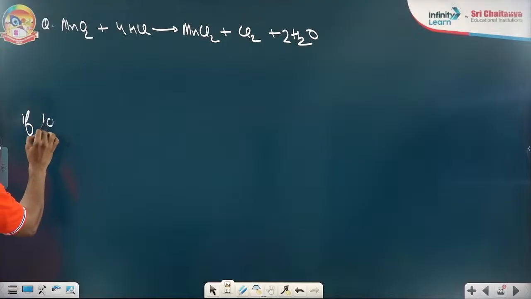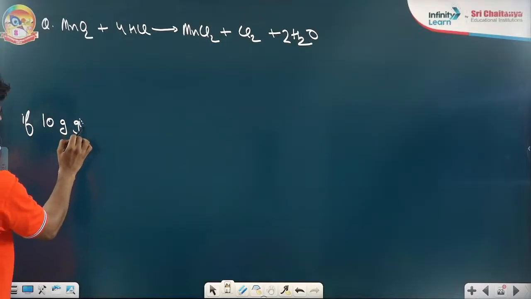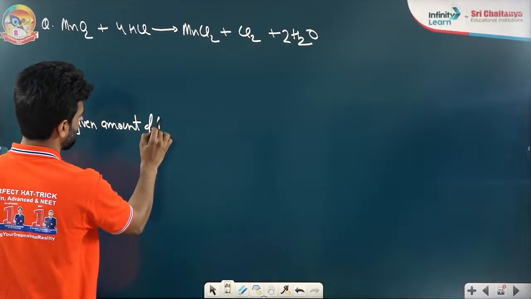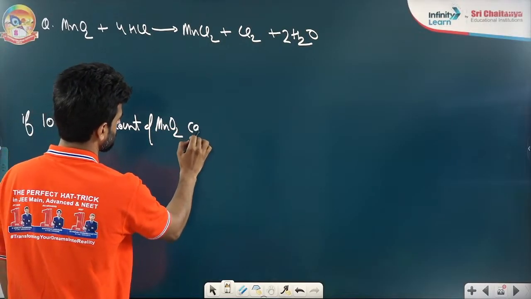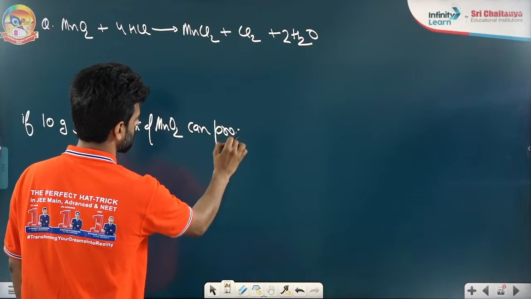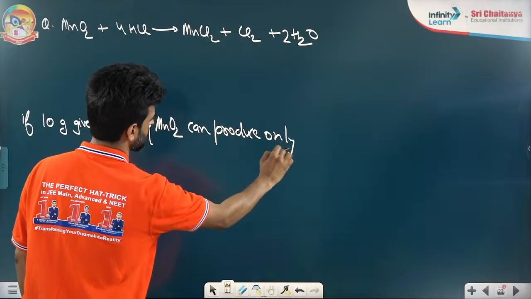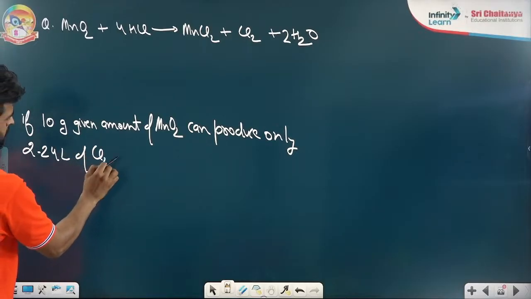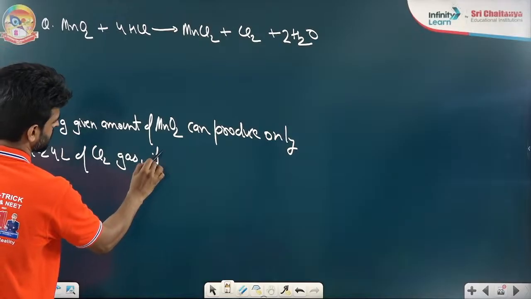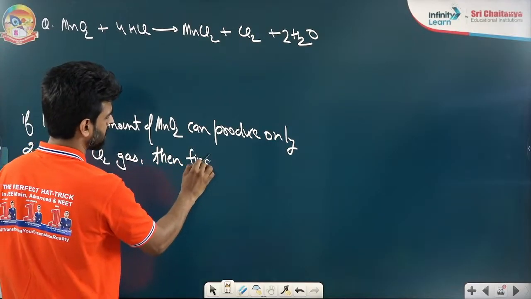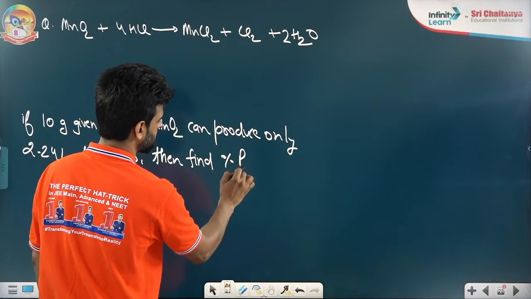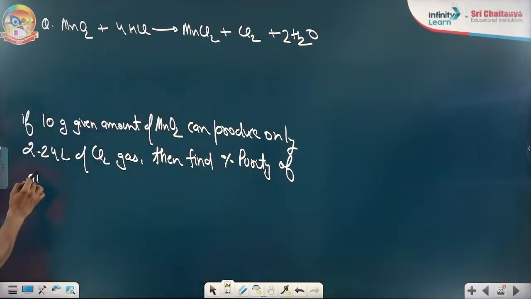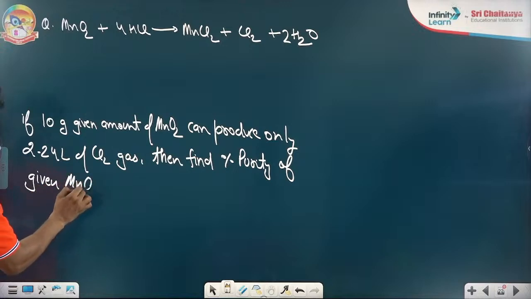If 10 gram of given amount of MnO2 can produce only 2.24 liter of Cl2 gas, then find the percentage purity of the given MnO2, right?